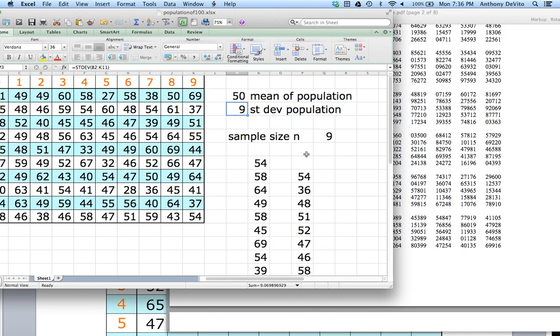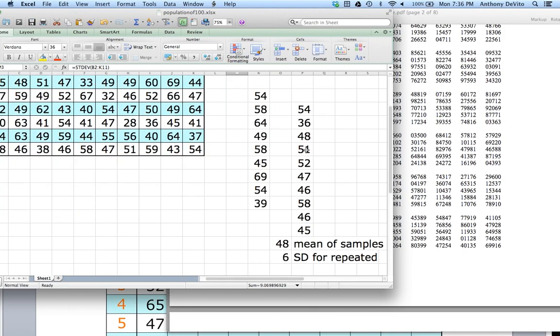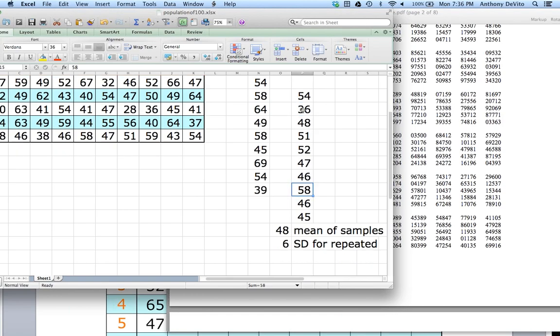Well, if we look at the individual values we got, there was one for a sample size of 9 that was 35, and one as high as 58, and so on. So there was quite a spread. But when we looked at the average overall, we got very close to 48. We also found a standard deviation of 6.